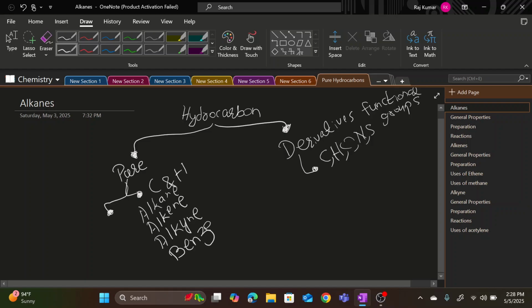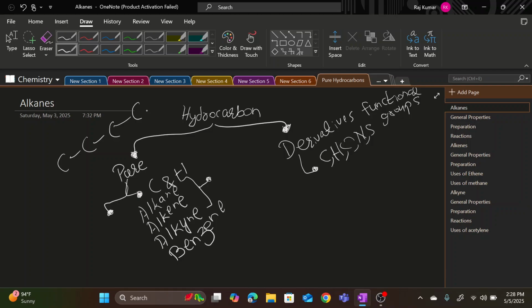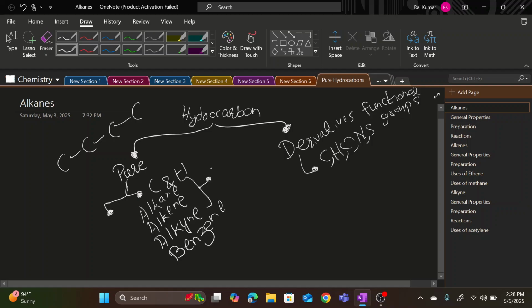The structures of alkane, alkene and alkyne are all straight chain hydrocarbons, which means they do not form a closed ring; they form an open chain. These are also known as aliphatic hydrocarbons, and the second type is benzene, which is an aromatic hydrocarbon.